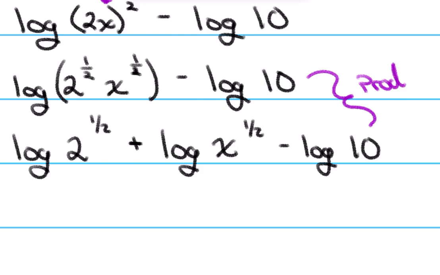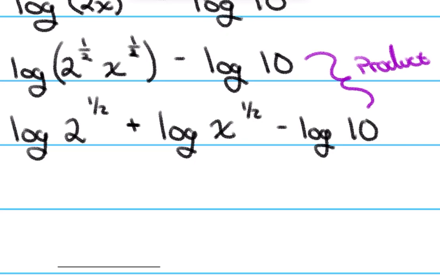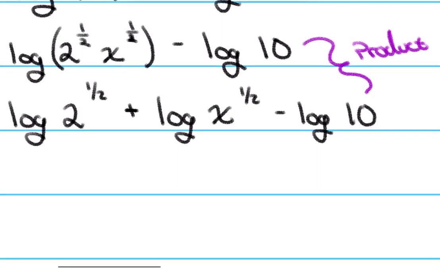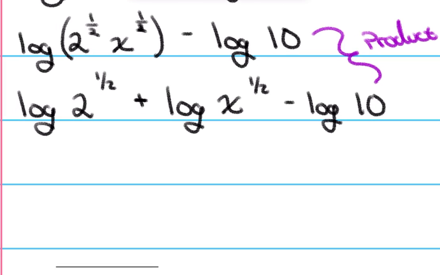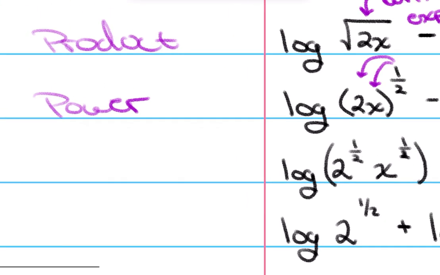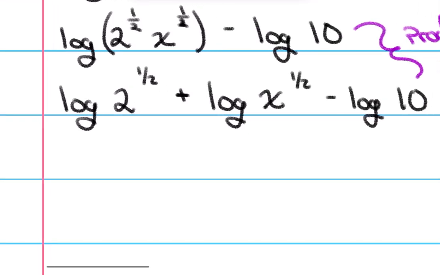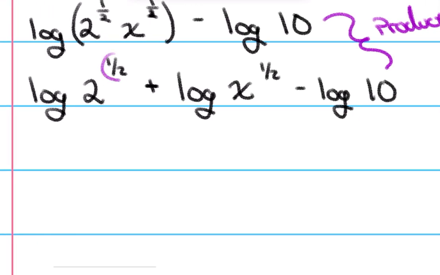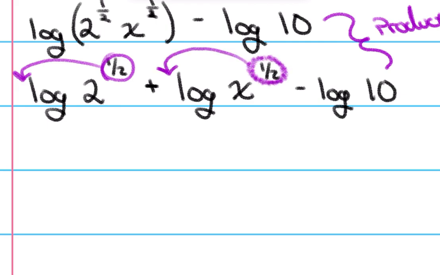All right, keep going. So next what we're going to do is the power rule. Again, order of operations. We did quotient, we did product, so now we're going to do power. Here's a power. It gets to come out in front. Here's a power. It's going to get to come out in front. And those are my only powers. So I'm going to pull those powers to the front.